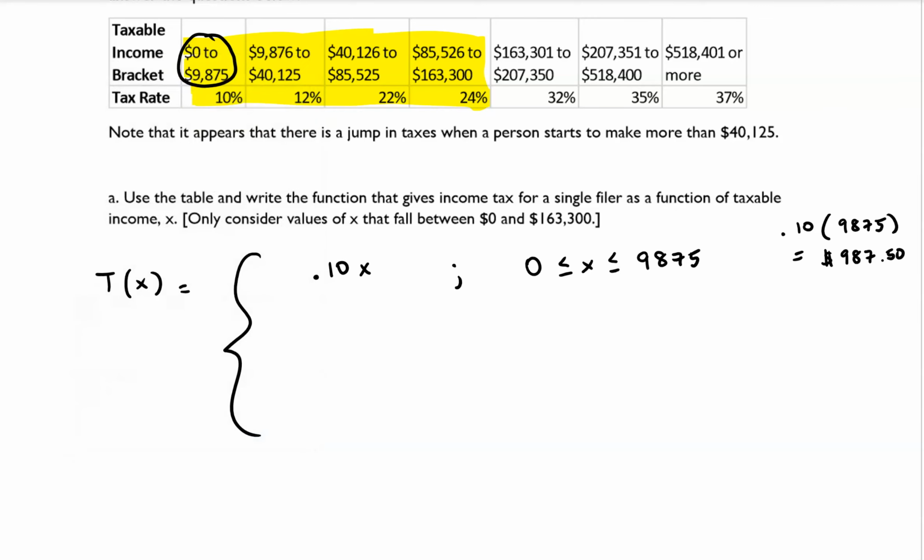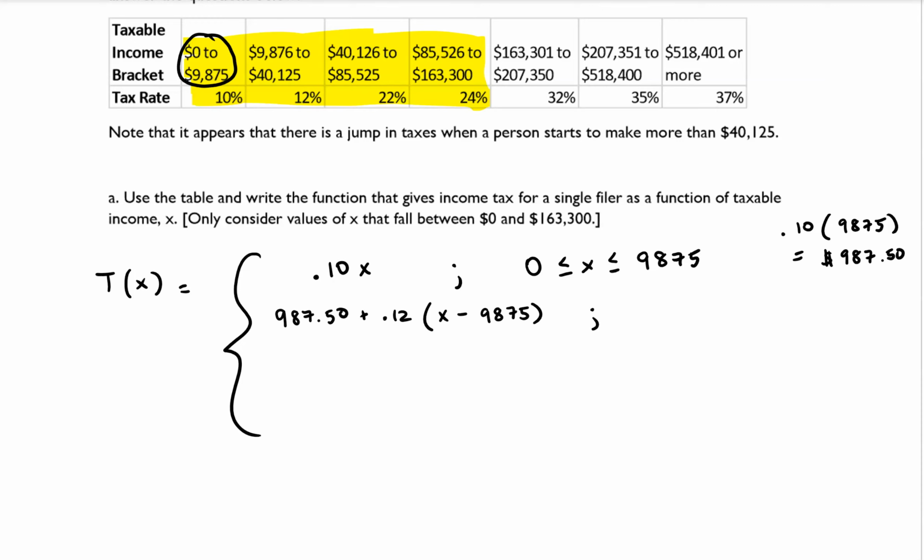$987.50. So after you've made an amount higher than $9,875, you are going to be paying $987.50 plus 12% of whatever you're making above that amount. And so the way that you would calculate that is it'd be x minus 9,875.